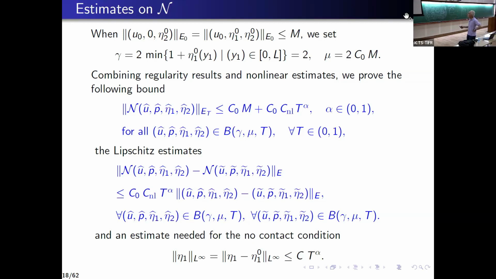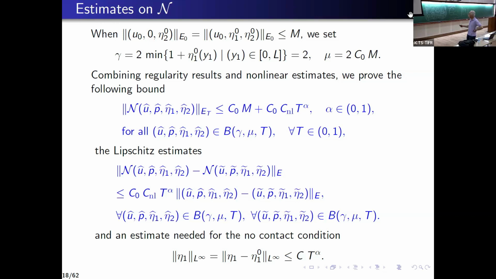So how I proceed depends on the initial data. For a given initial data, I assume that I have some bound M. I assume that gamma at the beginning is given by 2 because this is 0. And I take twice this quantity.